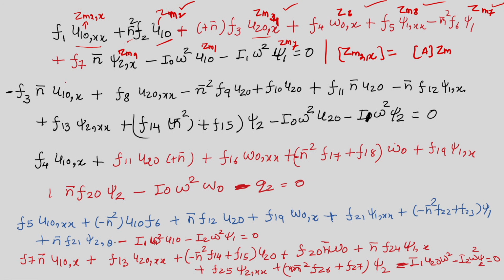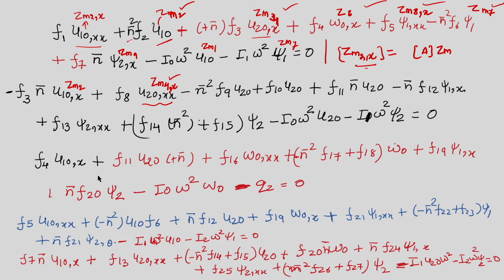Similarly, from here this is Zm2, and the second order derivative can be expressed as Zm4 comma x, and here 8 comma x. In this way again some variables can be done.